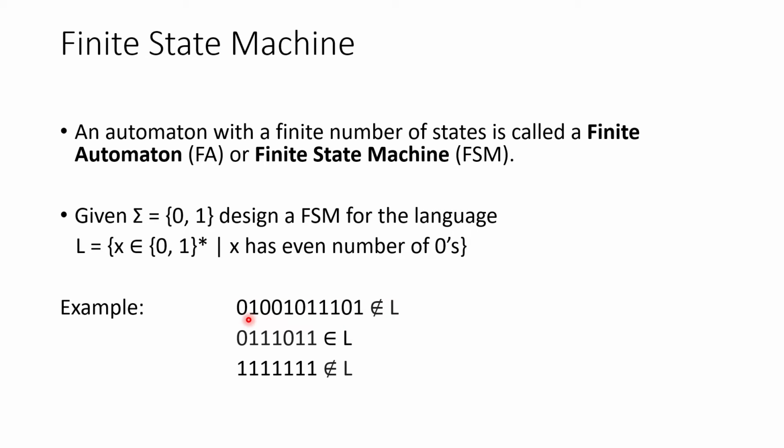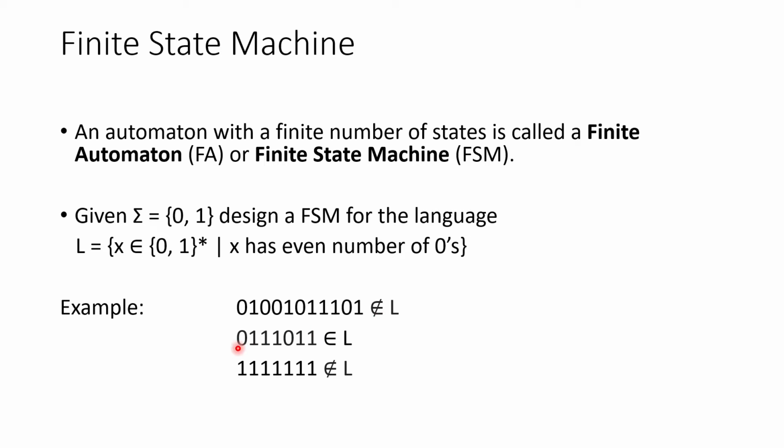Since it is any combination, there is no restriction about the order of these zeros and ones. Now you see in this example, this particular string contains 0, 1, 2, 1, 2, 3, 4, 5 zeros. So naturally this should not be in the language.